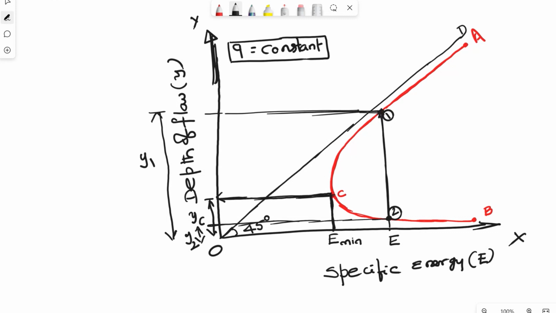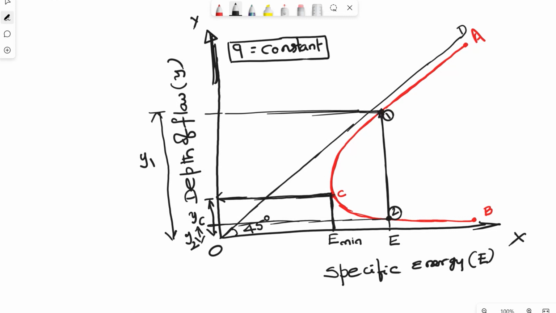Out of the two depths, one depth is less than critical depth and one depth is greater than critical depth. These are the points you should remember.